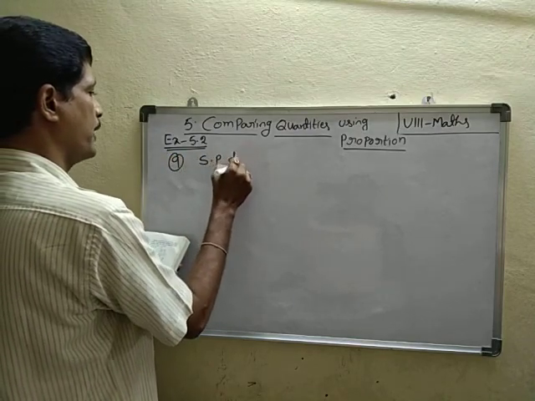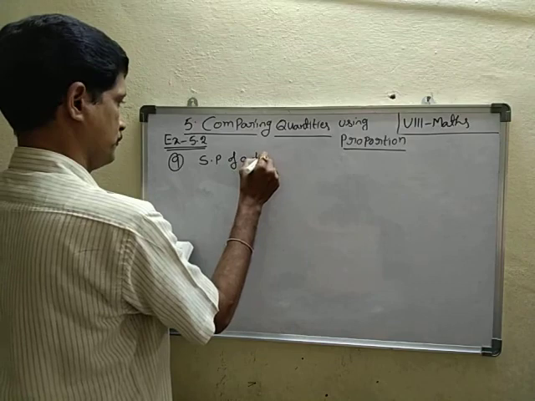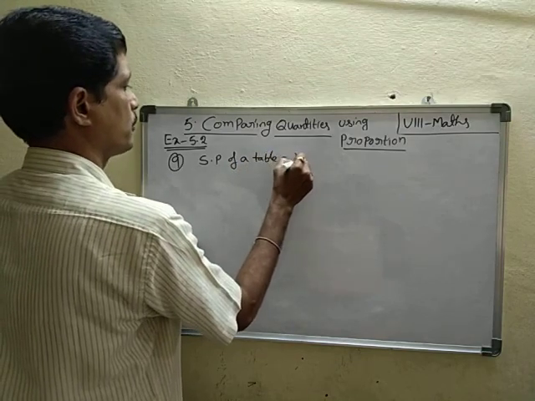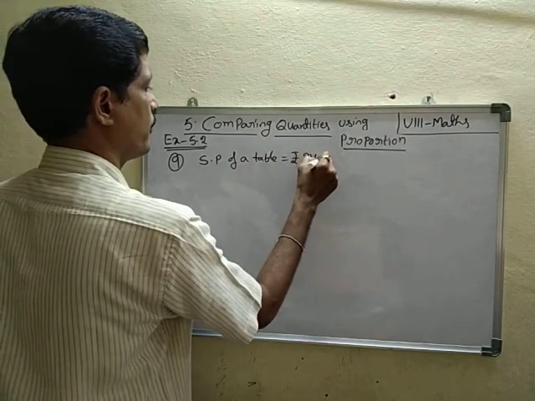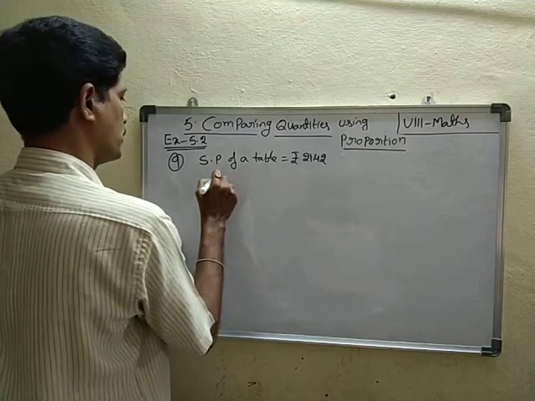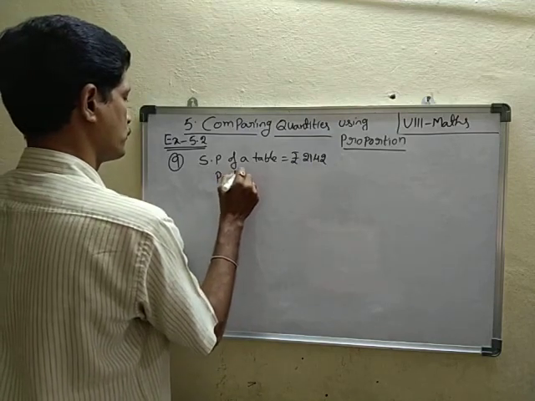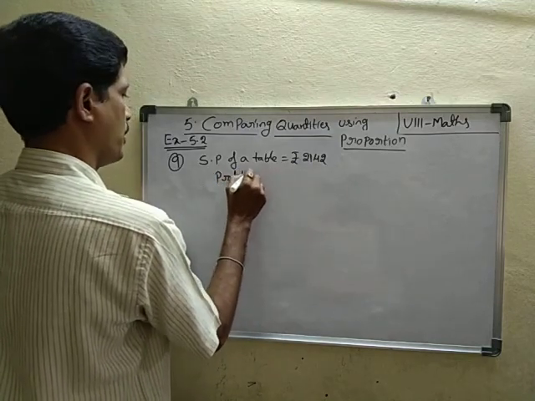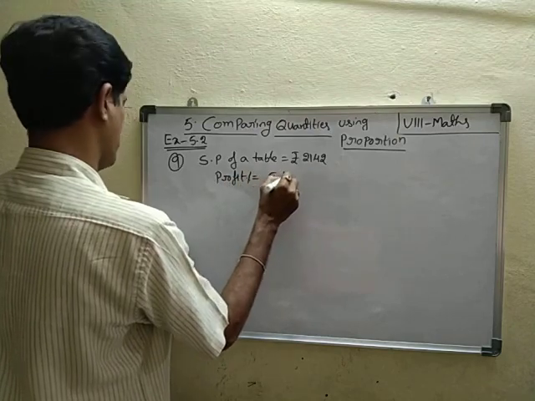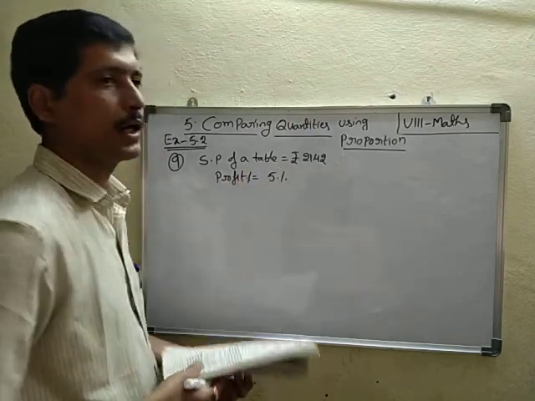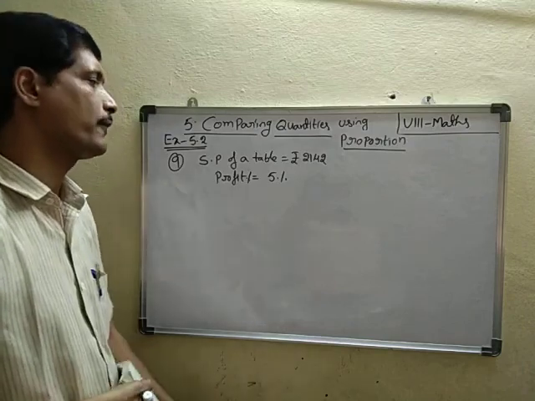selling price of the table equals 2142 rupees. Next, profit percentage equals 5%. First find the cost price of the table.